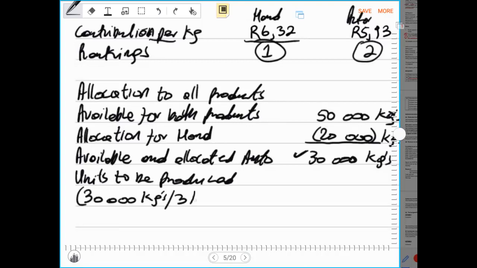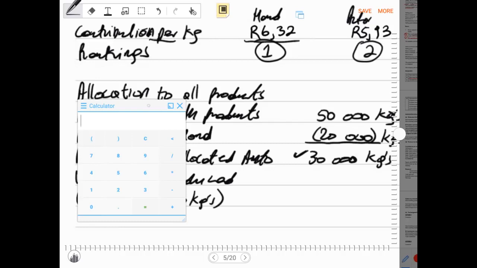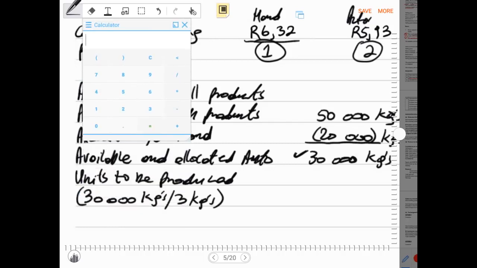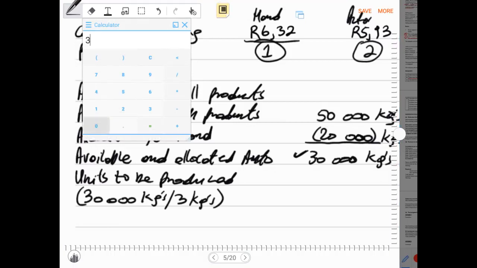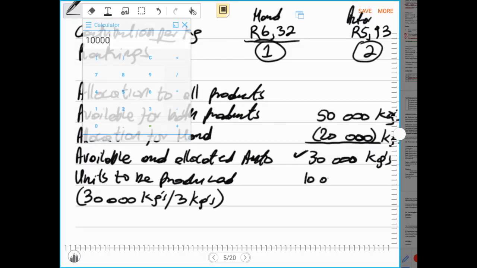After we divide that by the number of kgs per unit, we will get to know how many units can be manufactured out of the 30,000 kgs. So we say 30,000 kgs divided by 3, that means only 10,000 units can be manufactured.